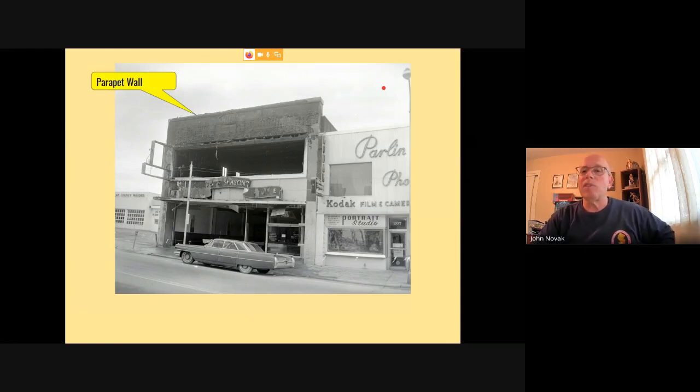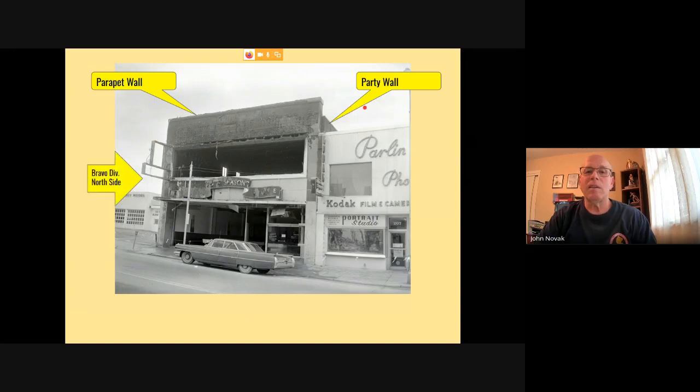And the building sat vacant for almost a year after the fire, until a snowstorm the next February, and this whole section of wall collapsed down into the parking lot, right on the Bravo division, the north side.